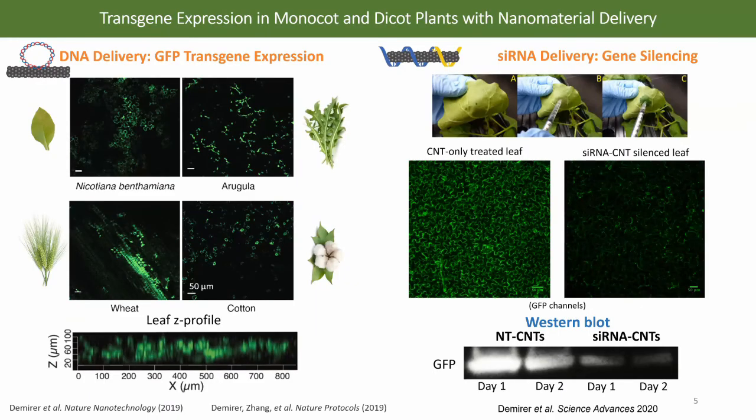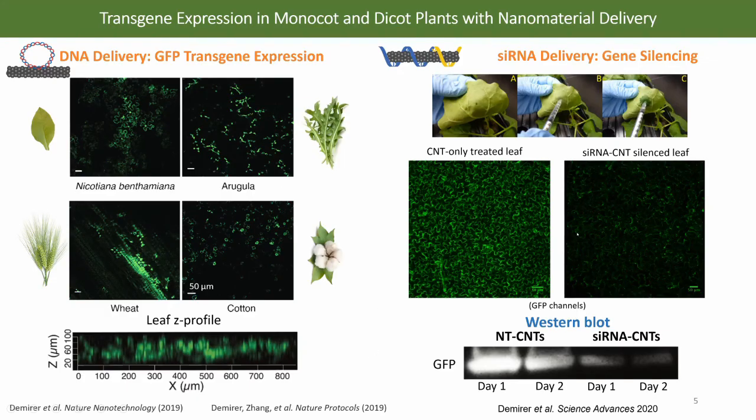And so here, I'm showing some recent results for both the delivery of DNA, which allows us to express a foreign transgene across multiple plant species, and conversely, a separate platform in which we can deliver small interfering RNA into plant tissues to knock down, in this case, a transgene, but also endogenous genes.